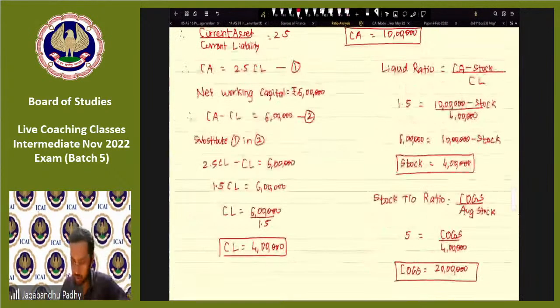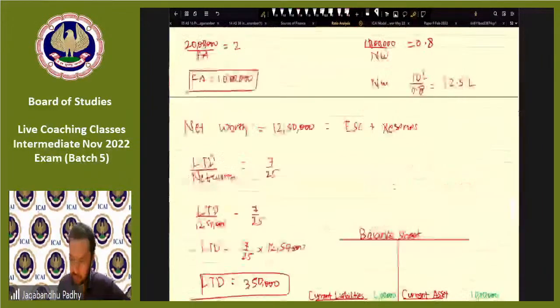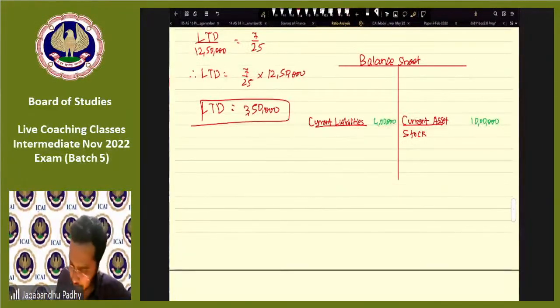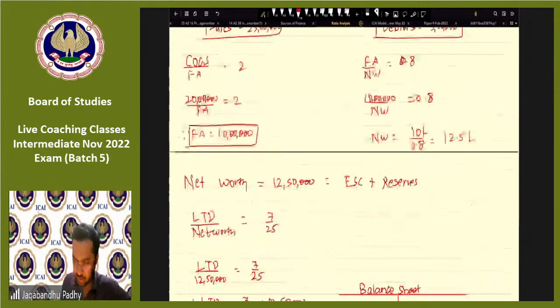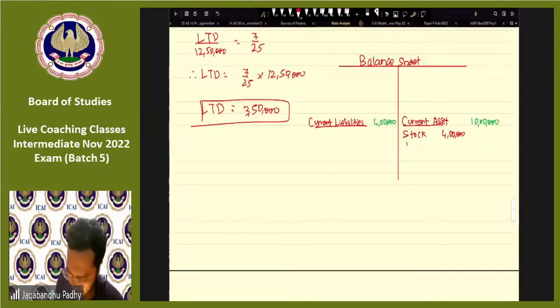How much was the stock? The stock was 4 lakh. We computed the stock as 4 lakh. So we also computed the debtors. I suppose debtors also computed as 5 lakh. Let's take that as 5 lakh debtors.